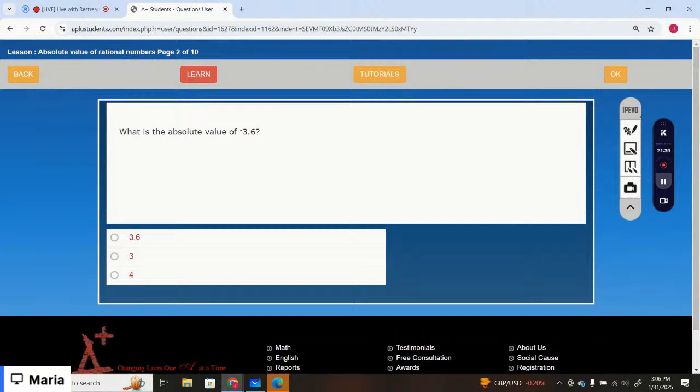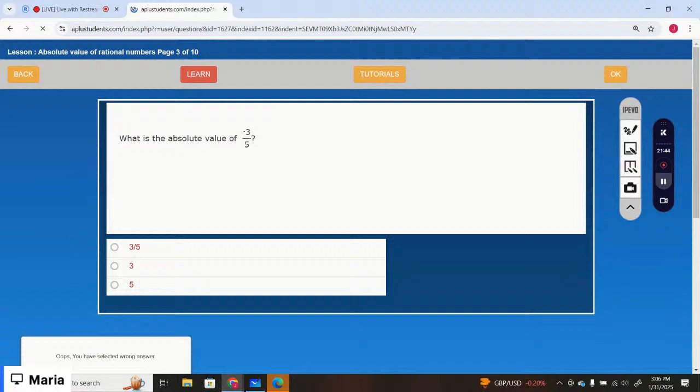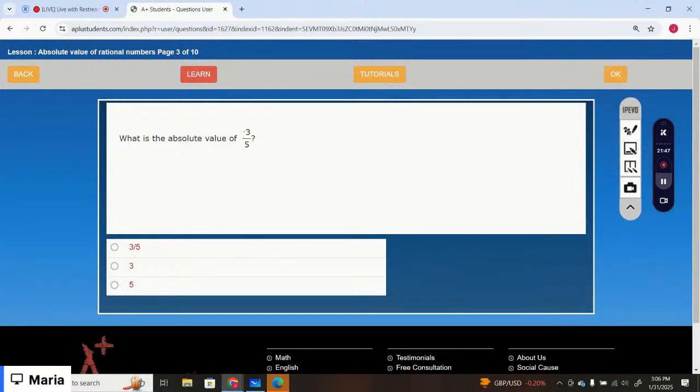The absolute value of negative 3.6 is 3.6. Option number 1 is the correct option. What is the absolute value of negative 3.5? That is 3.5. Option number one is the correct option.